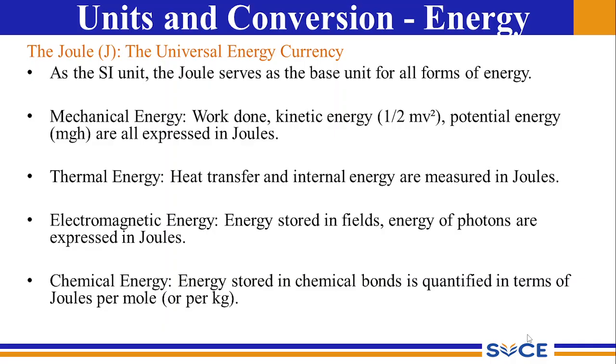When you're dealing with electromagnetic energy, the energy stored in a field, or photon energy, they are also expressed in joules. Chemical energy is stored in chemical form, so it is expressed per mole or per kg: so many joules of energy can be stored in a kg of this particular chemical, or per mole.